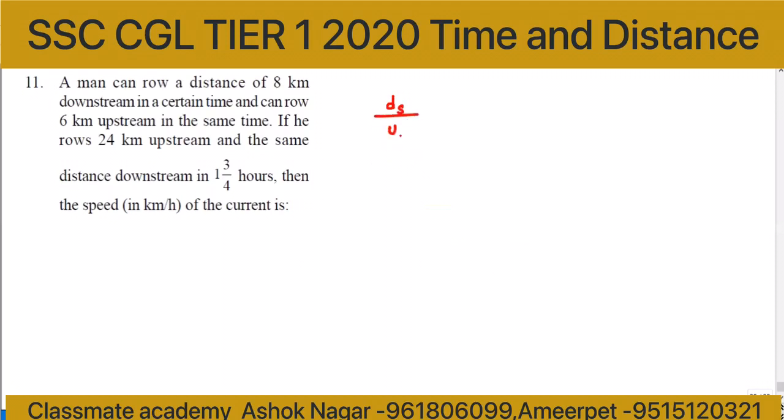Downstream speed by upstream speed is equal to downstream distance by upstream distance, which is x plus y by x minus y, given as 4 by 3. So what is x by y? 7 by 1. Anyway, you can say DS by US is 4:3.